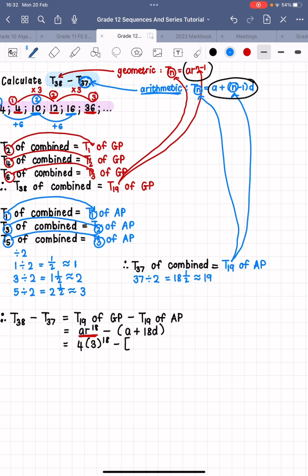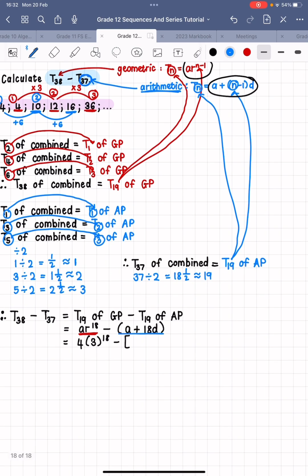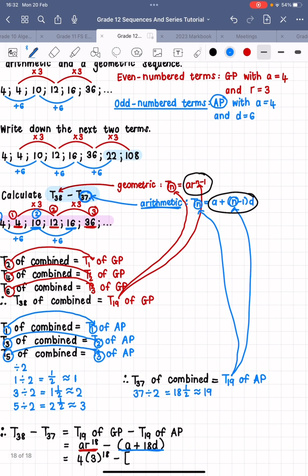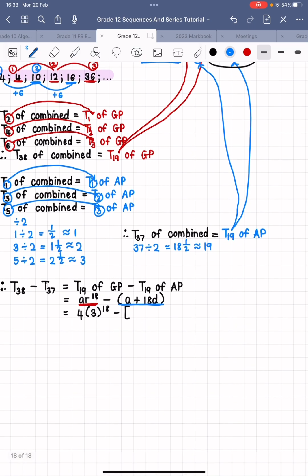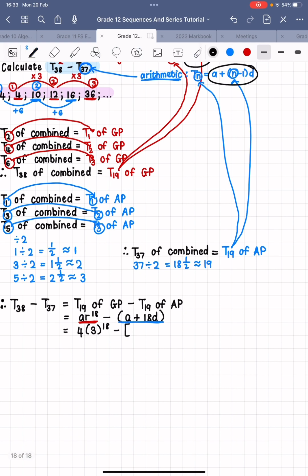For our AP, this is the blue number pattern. So we need to look back at our blue number pattern. We had an AP with an A value of 4 and a difference of 6. So our A value was 4 and our difference was 6. Now all that's left is to actually type this into the calculator, and we're going to get a very big answer.